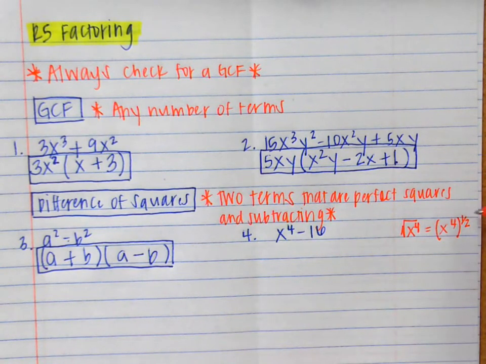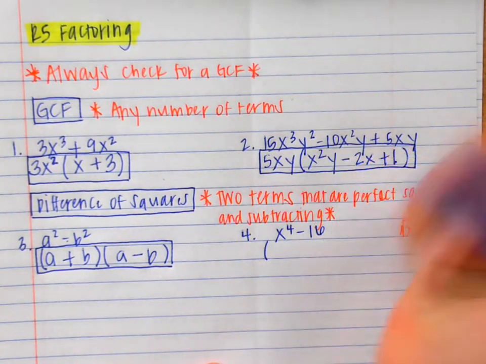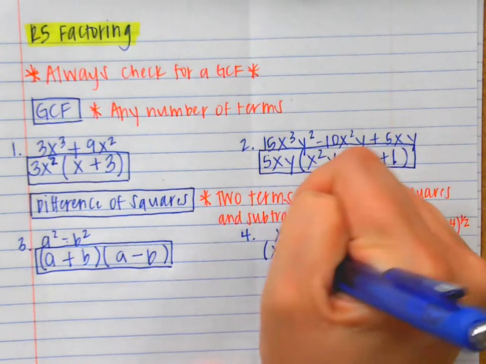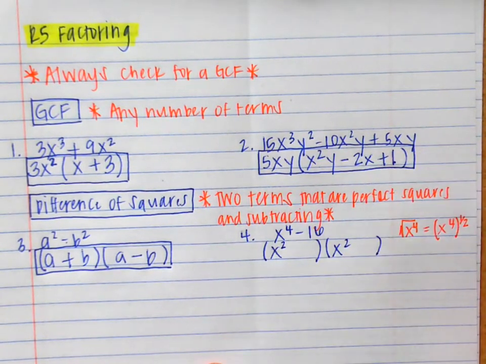So x to the 4th raised to the 1/2. And with an exponent to an exponent, we multiply, and 4 times 1/2 is 2. So the square root of x to the 4th is x squared. So we can set it up and put x squared and x squared.